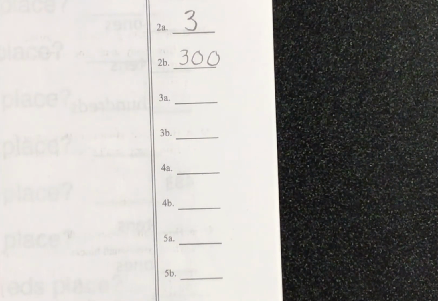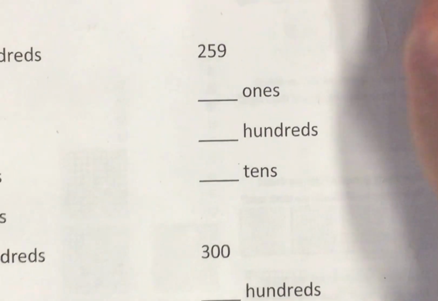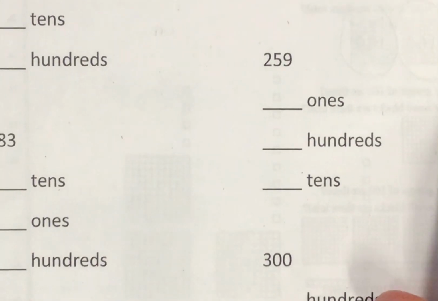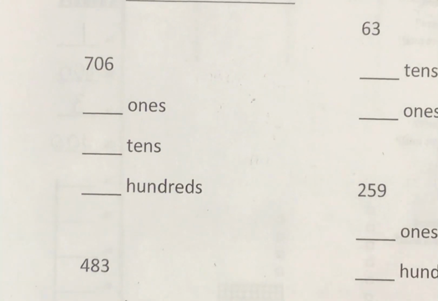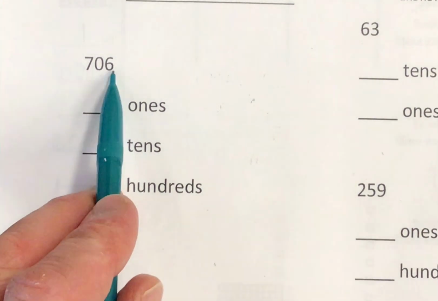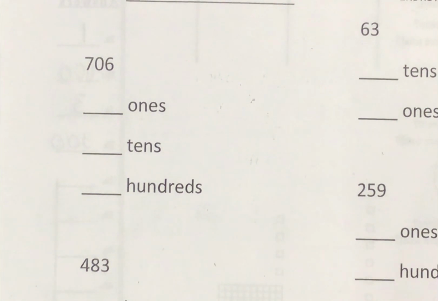Let's turn our page. You can do the rest of that on your own. Now, when we look at a three-digit number, it always follows the same pattern. Ones, tens, hundreds. It's kind of like A, B, C, D. You always go in the same order when you do the alphabet.